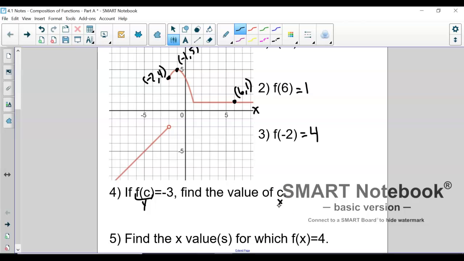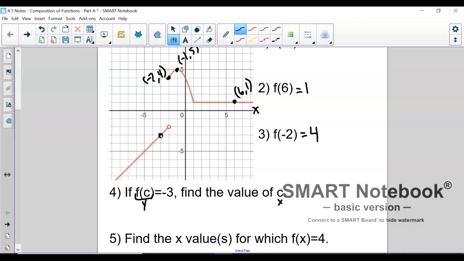So if I look on the y-axis this time, at -3, I'm going to look for any points where y is -3. In this case, there's only one, but we'll see on the next problem, sometimes there can be 2 points where this happens, or 3 or 4.